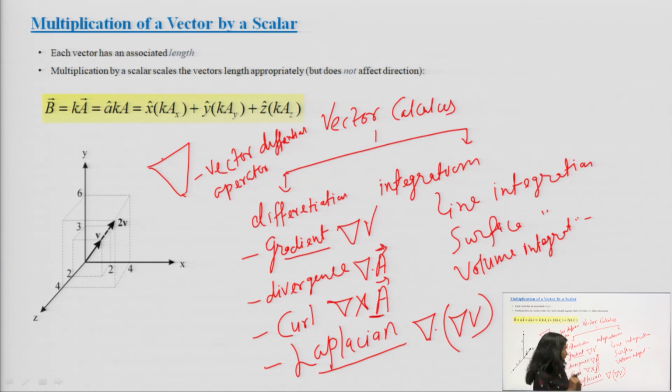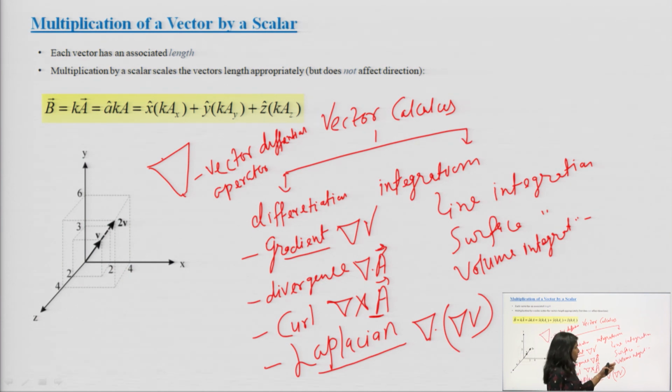So in line integration, we integrate a vector quantity once. In surface integral, we integrate 2 times, because in a surface we are using length into breadth. 2 distances are going to be multiplied, so we need to integrate 2 times, that is for length as well as for the breadth.